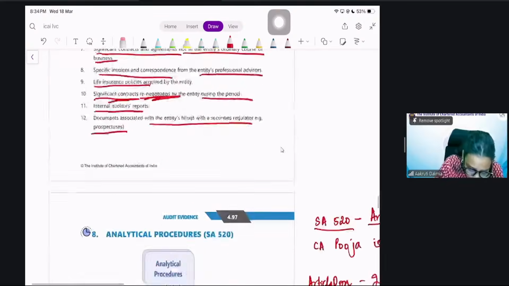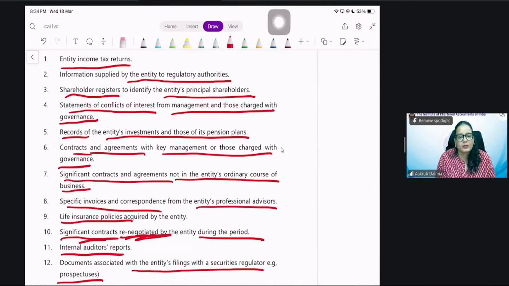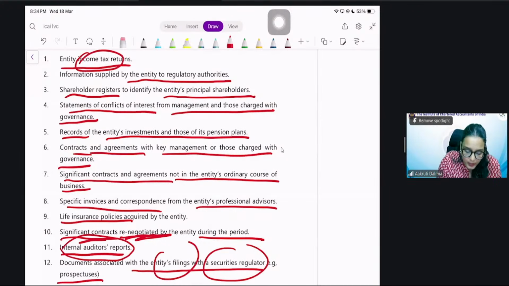So is this some procedure we are studying? These are just examples. So where can we get related party information from? Remember, income tax return or filings with SEBI. Okay. Then another, internal audit report. If you talk about shareholders, the shareholder register you can find.